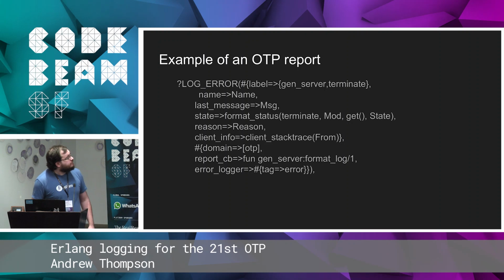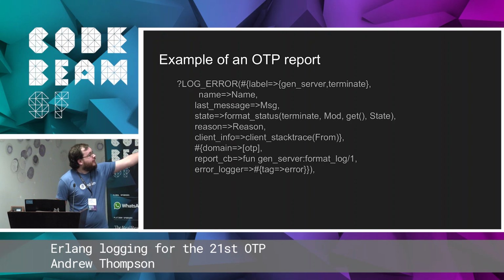So here's a quick example of a gen_server crashing. You see it's a map. The label is gen_server terminate, the name of the process, the last message the process received, the state of the process, that's the one that might blow you up, the reason it crashed, and the client info, which I think is the client that was talking to the gen_server when it died. I actually don't remember how that works.